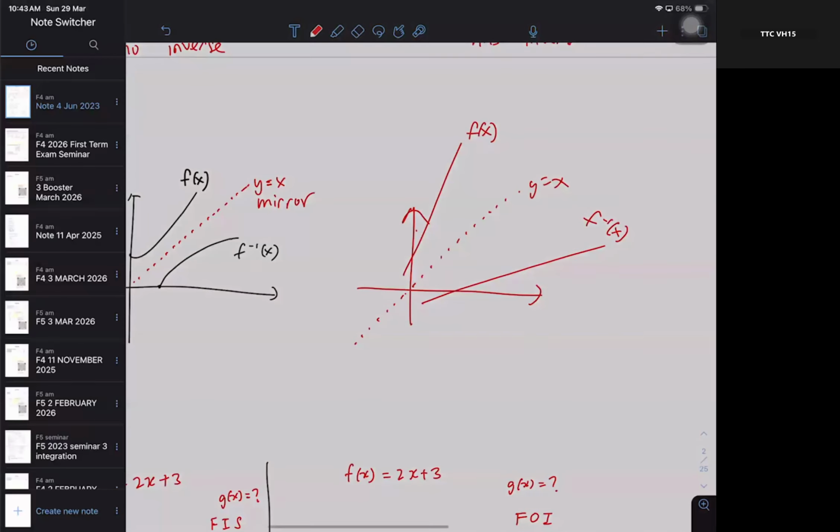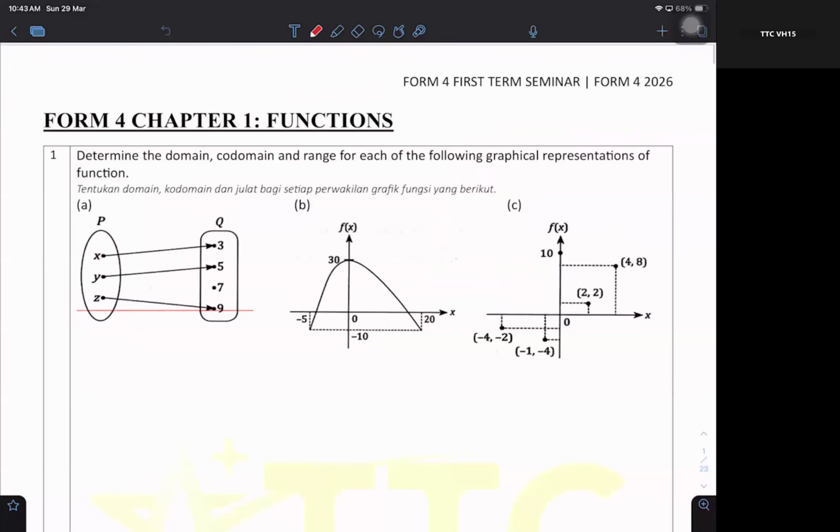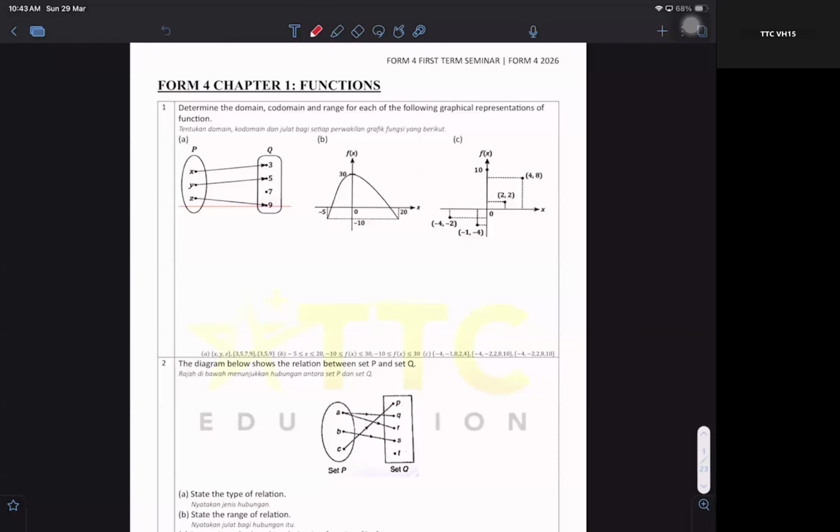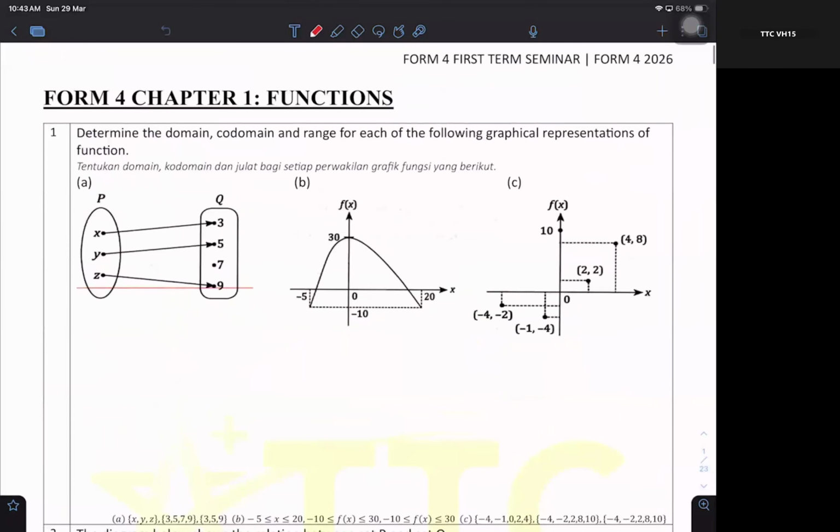Okay, let's start doing questions now. Okay, we start from question number one now.